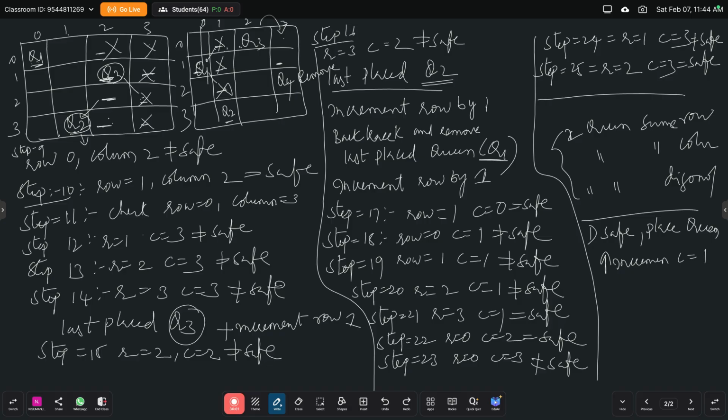If the place is not safe, then increment the row by 1. And one more rule: there is no safe place on the board, and we are at the end of the board, which means there is no further row to increment. At that time, what do we have to do?